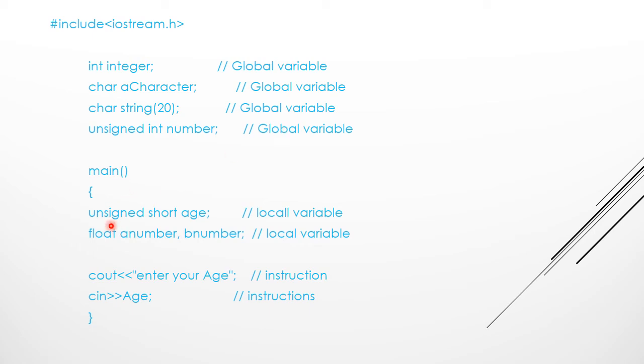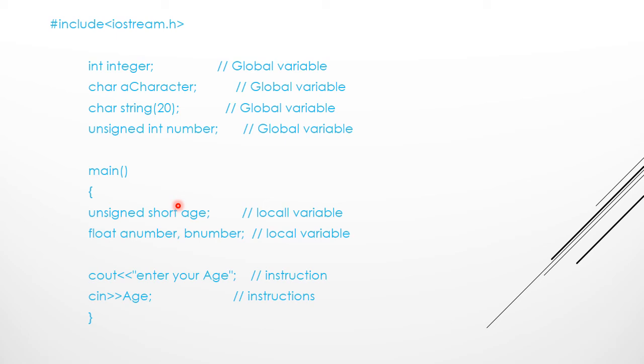But inside the main function, we have defined certain variables such as short age, a number, b number, etc. These variables are called local variables because they are used only inside the main function.